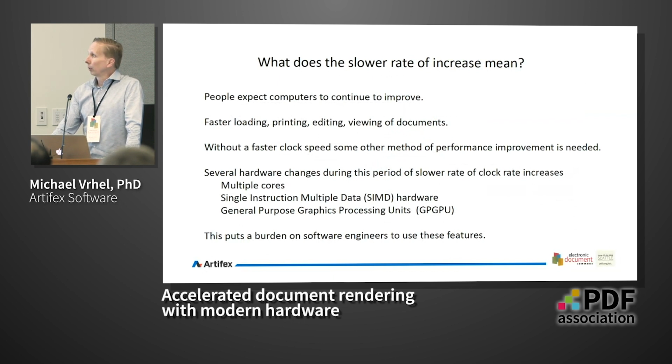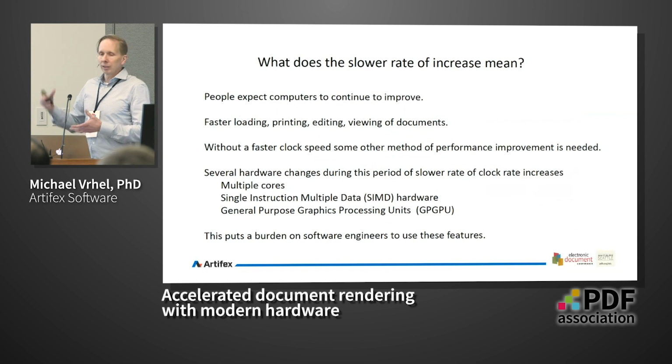It used to be, with the faster clock speeds, that as a software engineer you could just use the same code you've always been using and get better performance. But now, with things not getting faster, to meet this user expectation of things improving, you've got to do some other things.